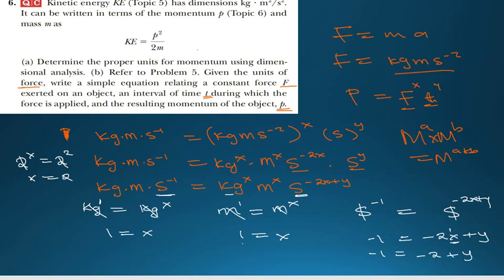That means our negative 2 is going to come to this side and it's going to be positive there. Then negative 1, as usual, is equal to y. Negative 1 plus 2, we're going to have y equal to 1. So that means x and y are equal to 1.